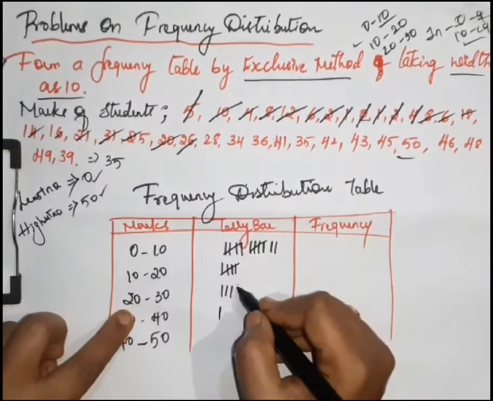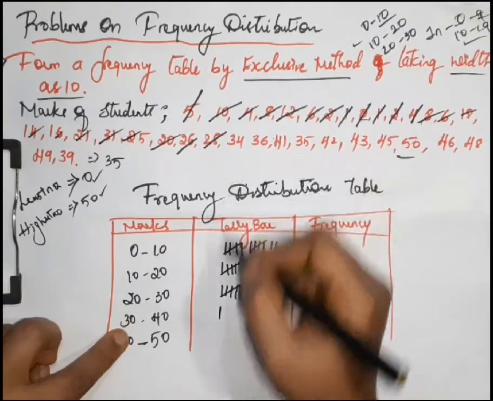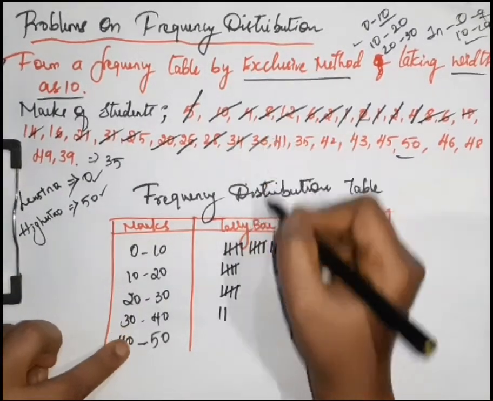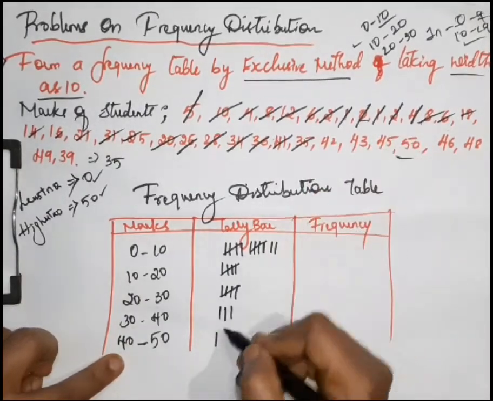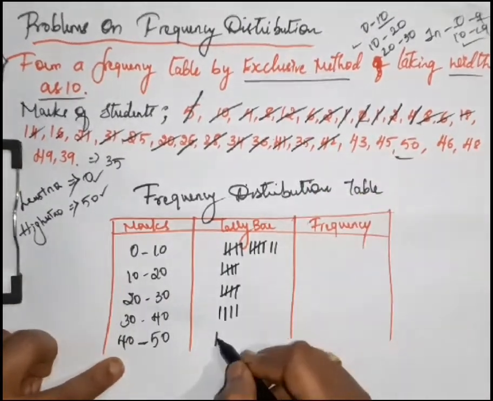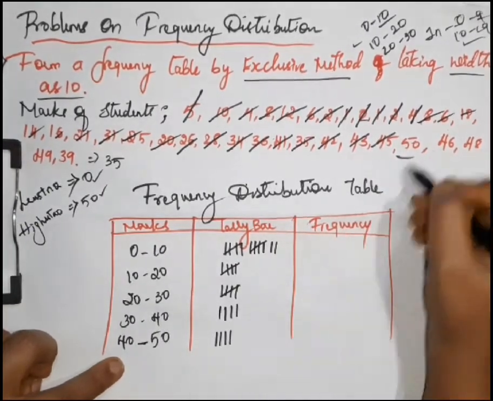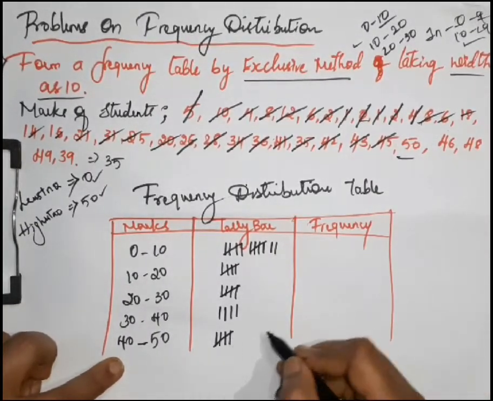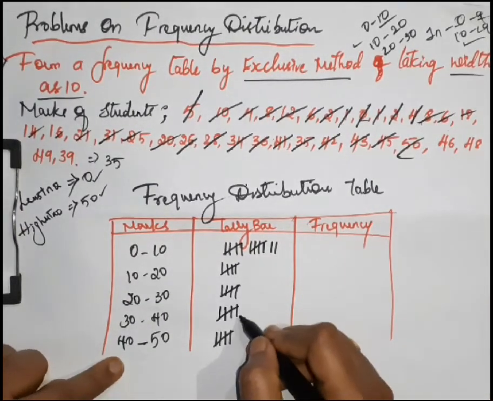Then we have 26, 28, cross, 34, 36, 41, 35, 42, 43, 45, 50, cross, 46, cross, 48.